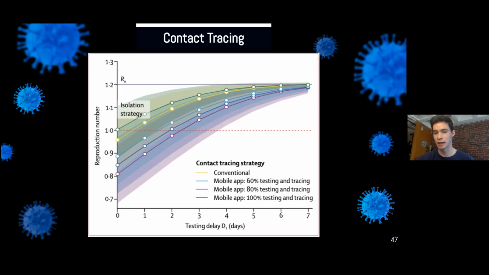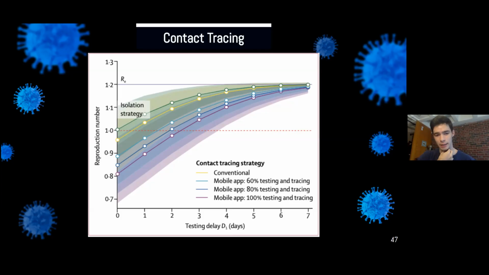And we can see that in the best case scenario, when people are asked to share their contacts right away, we can reduce the rate of spread, the R value, from around 1.2 at an assumed baseline to under 1. The key with having R under 1 is that any one person who has the virus, instead of spreading it to more than one other person, is now spreading it to fewer than one person. And so you essentially are able to cut off the spread if you can get R under 1. So with contact tracing, the model assumes that you can.